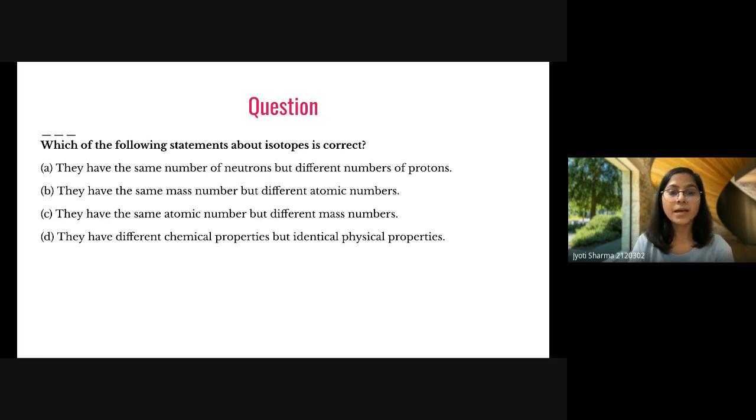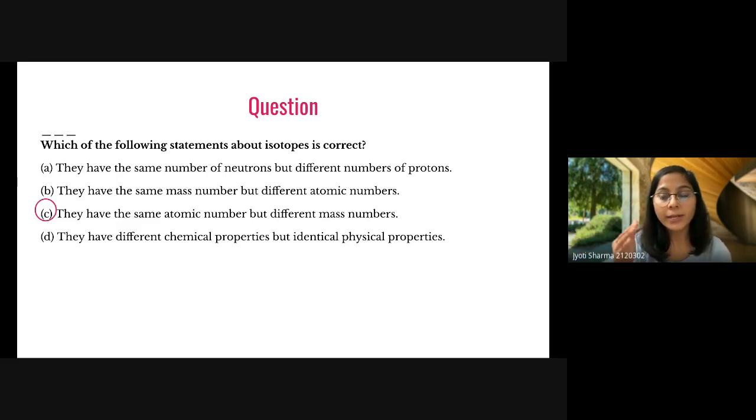Okay, if this is an isotope, it means your atomic number will be the same, but the atomic mass will be different, right? So they have the same atomic number but different atomic mass. For example, C14 and C12 are isotopes because the atomic number is 6 for carbon, but the atomic mass is 14 and 12.